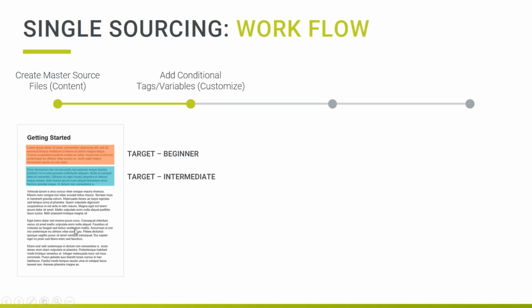Now, if the next two paragraphs are common for everybody, I just leave those alone. And if this bottom paragraph only applies to a third audience, or maybe this is content that I only want in the PDF, but I don't need it on the website, I would apply a third color code.